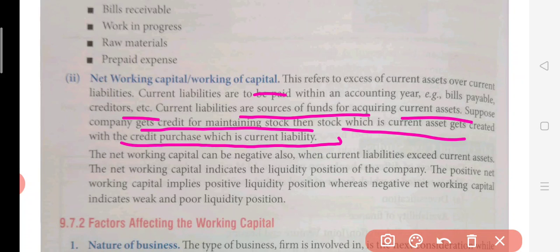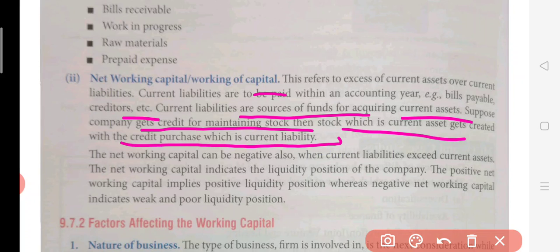And how are they going to pay? They will have to convert their current assets into cash within a span of 1 year in order to pay the current liabilities. By collecting money through sales, you can make good the payment of current liabilities.